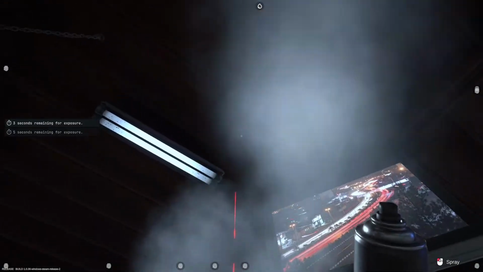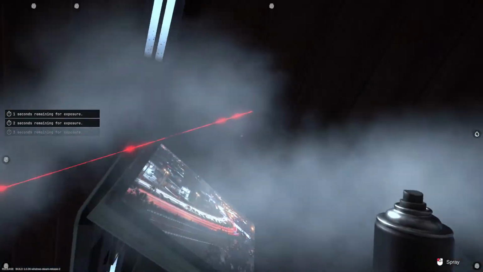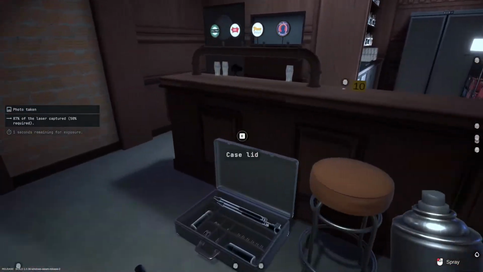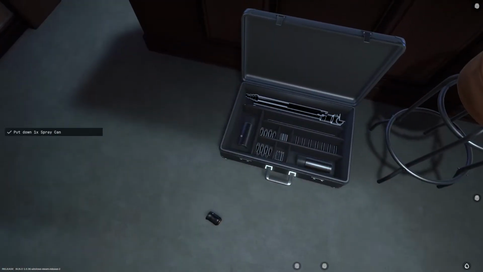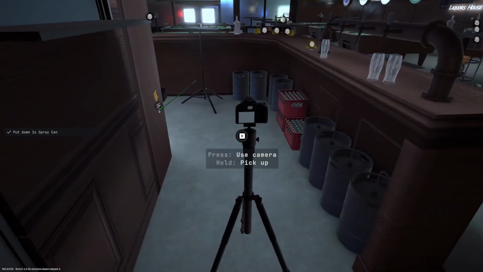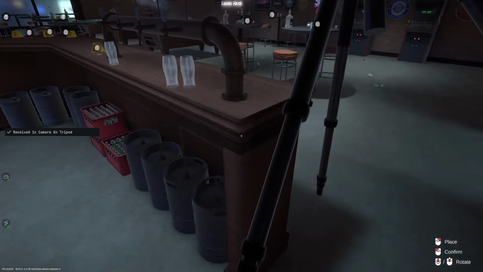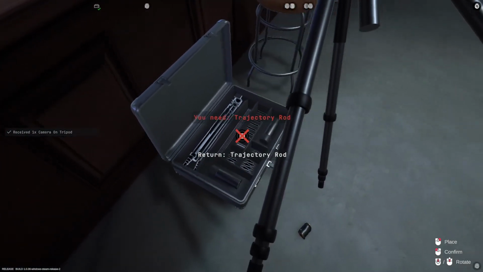Alright, I think we have enough of the line to kind of tell where it came from. So let's go ahead and put that away. We'll pick that up, put it back.